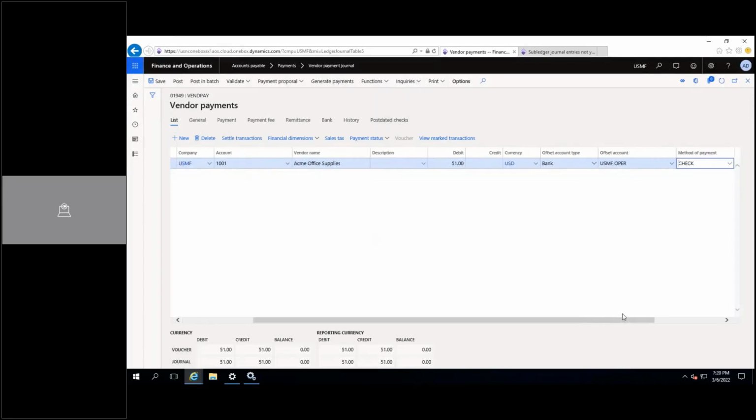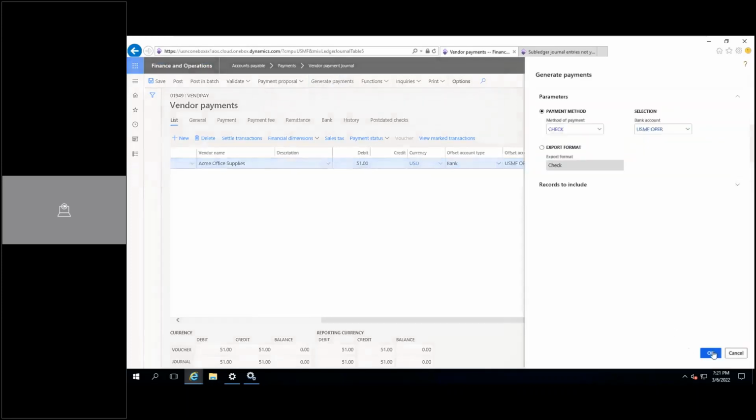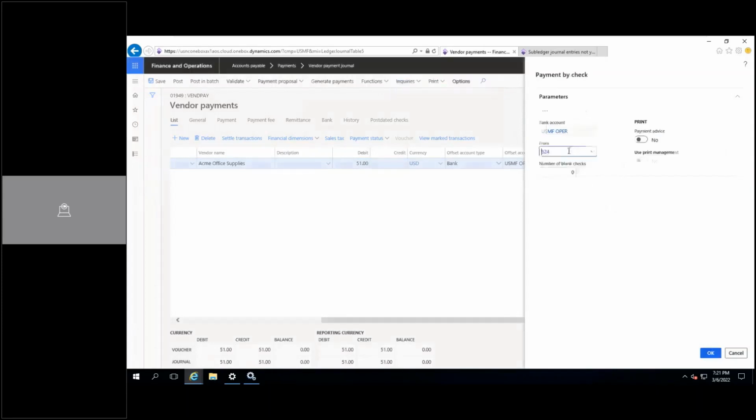Now the check number you cannot enter manually. It will not allow you. This is disabled. You need to click on generate payments. Click OK. If you have a default printer, you need to click on document and change the printer to screen. If you don't have anything, no issues, you can click on OK.